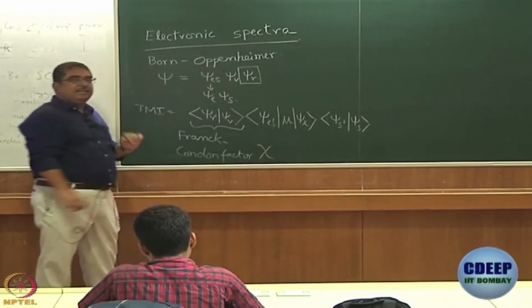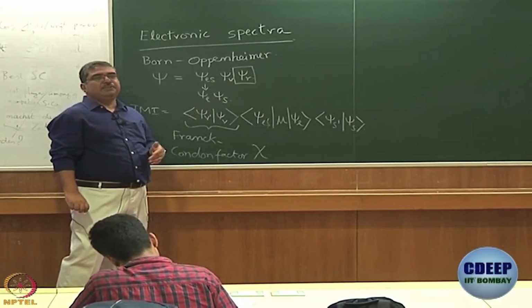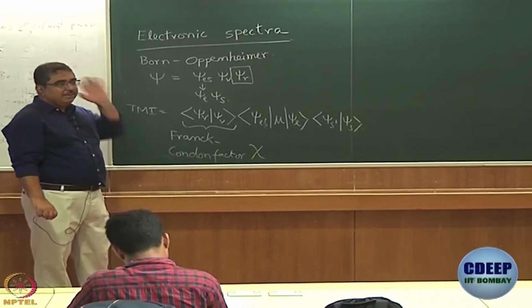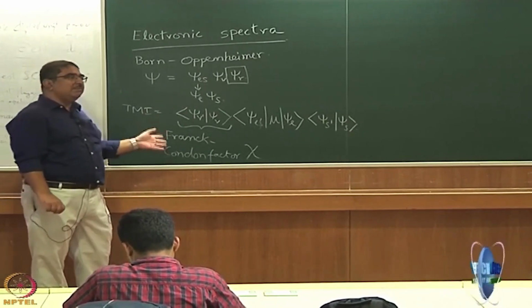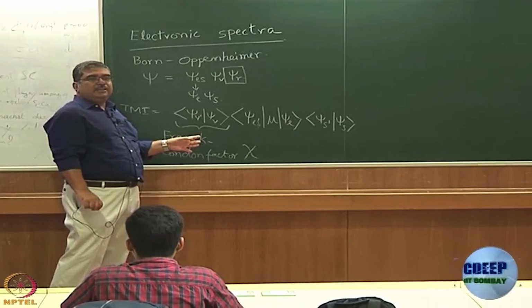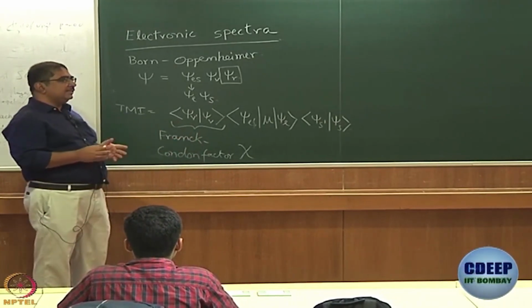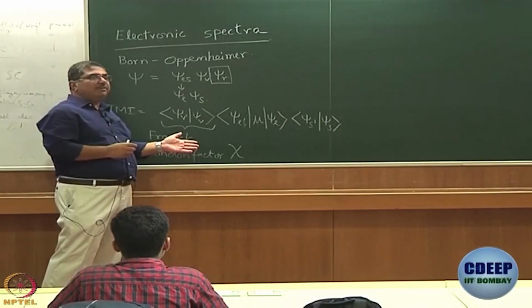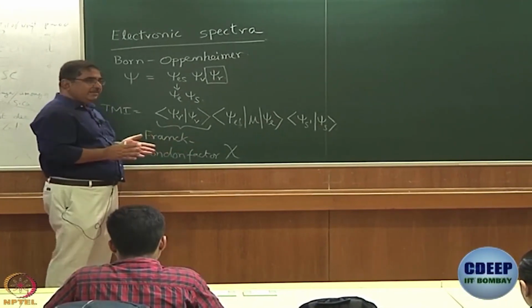Of course, it might be a little confusing because we are already using chi for character, and we use characters very frequently, but as you know, the same symbol is often used for different quantities. So, please remember that chi is also a symbol for the Franck-Condon factor. What the Franck-Condon factor does essentially is modulate the intensity of the transition.